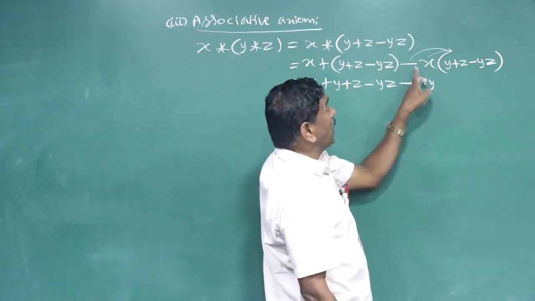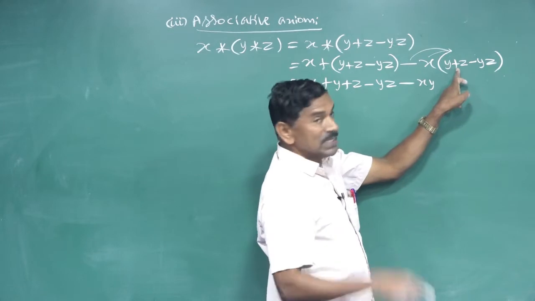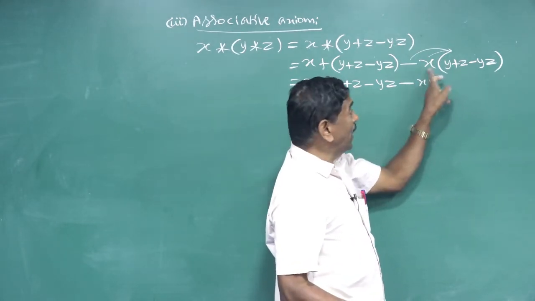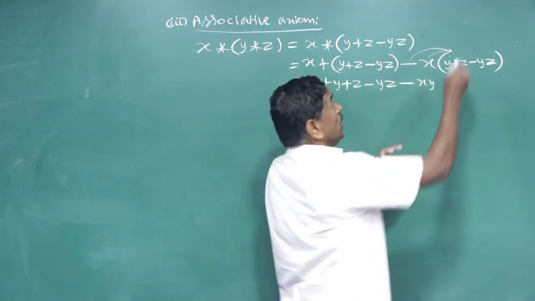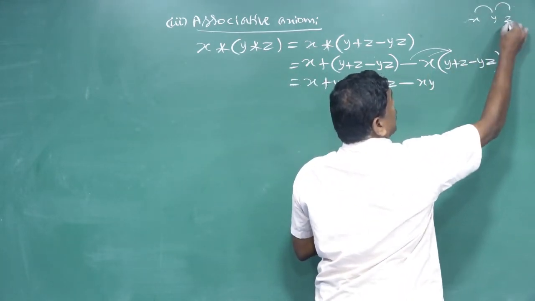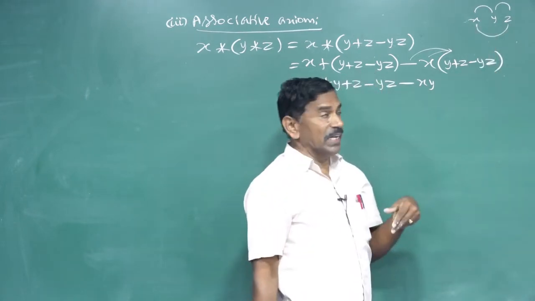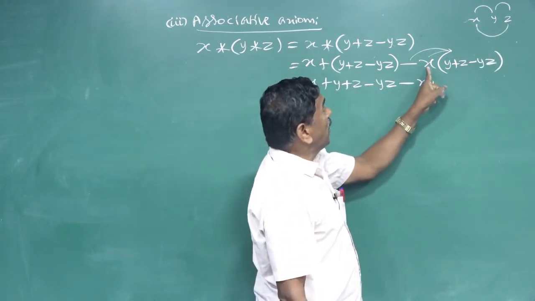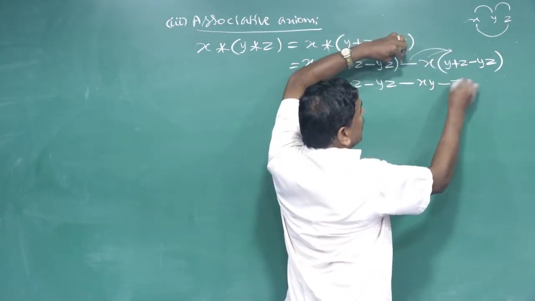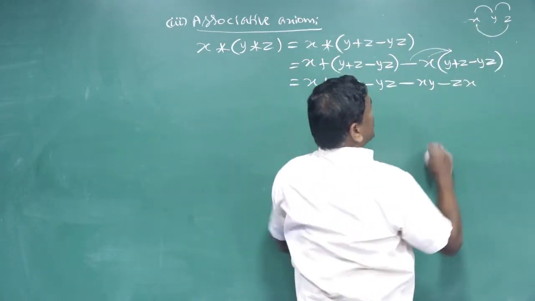Next, minus x into z, minus into plus is minus, so minus xz, or minus zx by cyclic order. Cyclic order means xyz: x to y, y to z, z to x, for our convenience. So minus xz by cyclic order is minus zx, that is z to x, also correct.